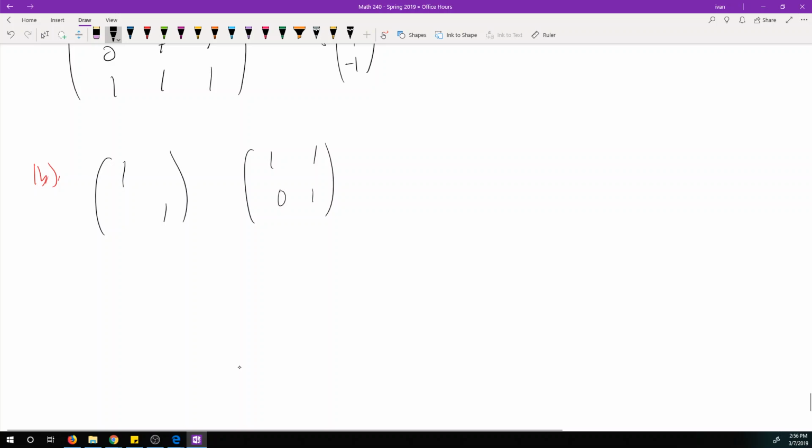Since the first one's diagonal and the second one's upper triangular, the determinant is just going to be whatever is on the diagonal.